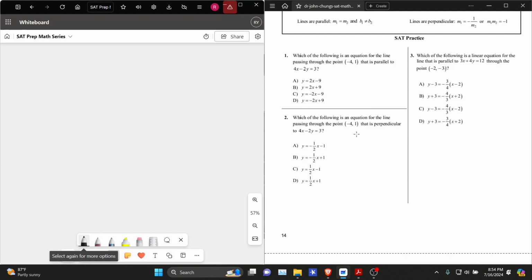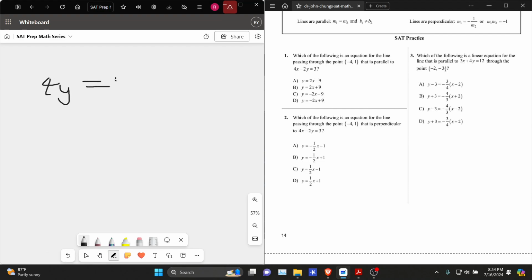Okay, now question 3. Which of the following is a linear equation for the line that is parallel to 3x plus 4y equals 12 and passes through the point (-2, -3)? We need to find, first off, the slope that is parallel to that equation. We can first write that in y equals mx plus b form.